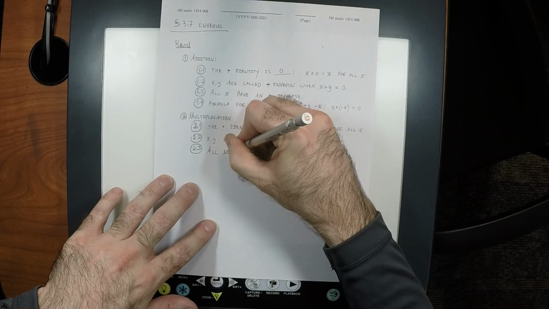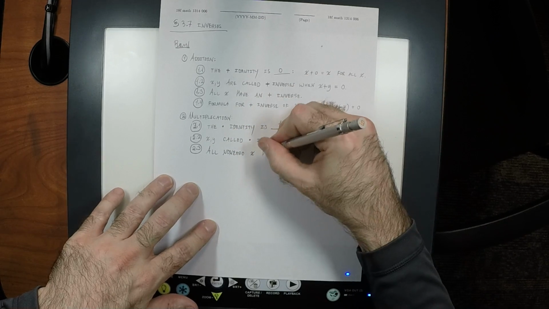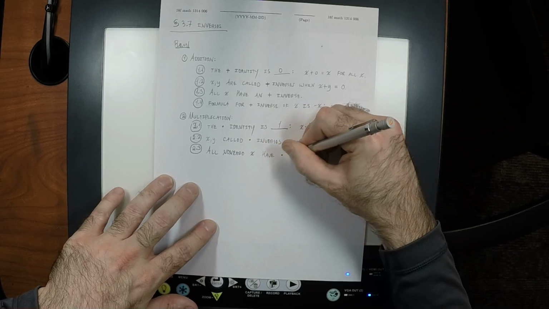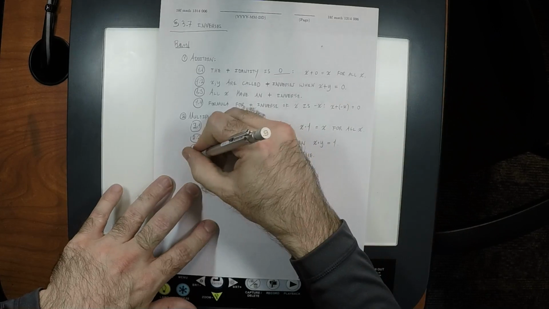So now it's not all numbers, but rather all non-zero x have a multiplicative inverse. And we can do even better, and in fact we can just say the formula.